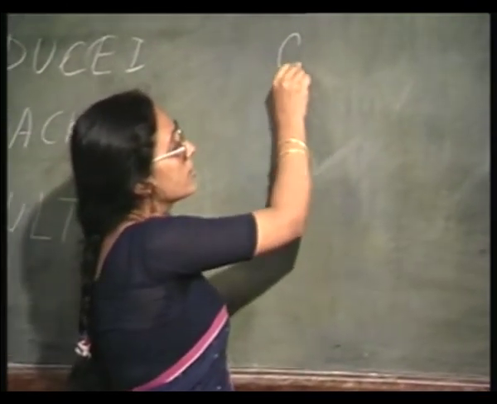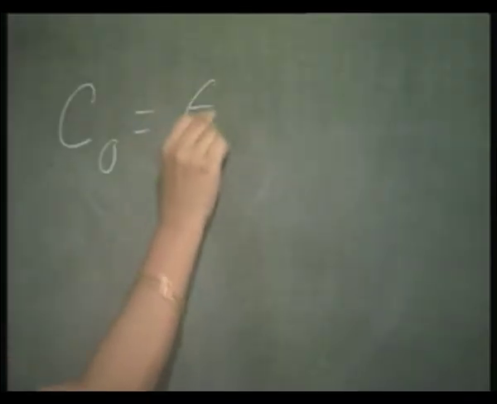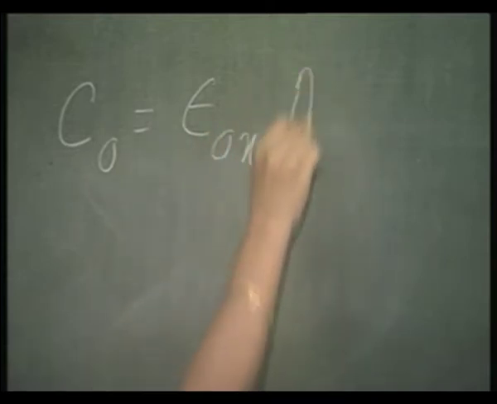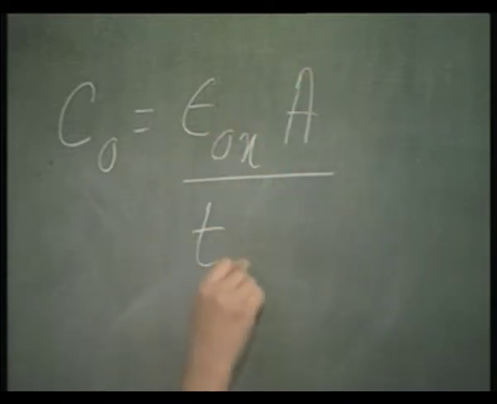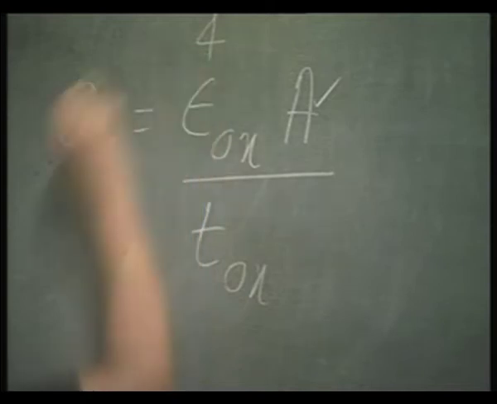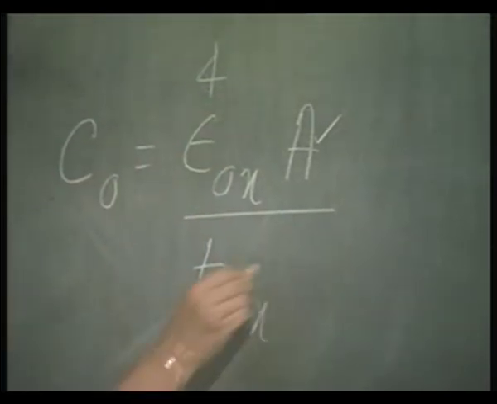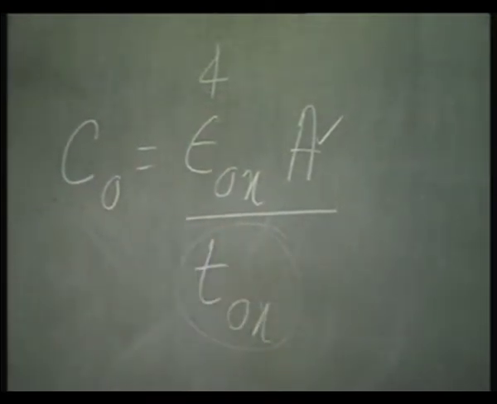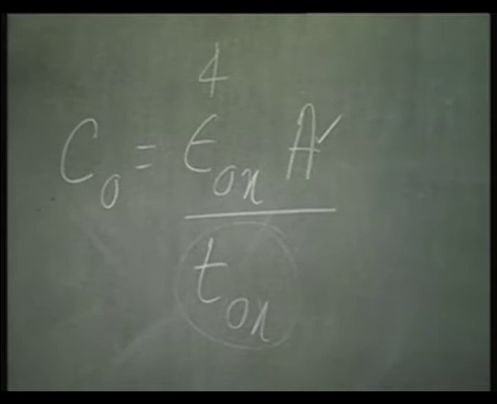And what is the oxide capacitance? That is nothing but epsilon oxide times area divided by T oxide. So, knowing the area of the capacitor, and epsilon oxide for silicon dioxide is 4, one can find out what the oxide thickness is, and that is actually a very simple, ready to use method of determining the oxide thickness.